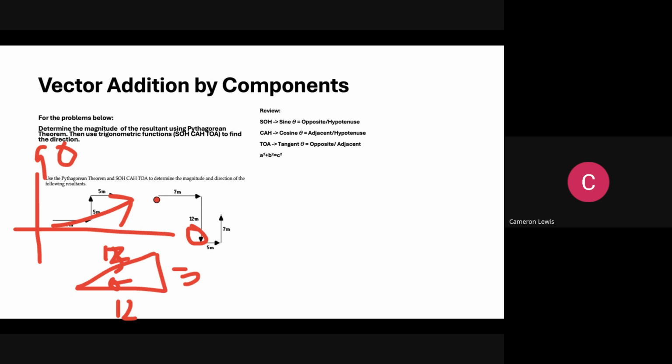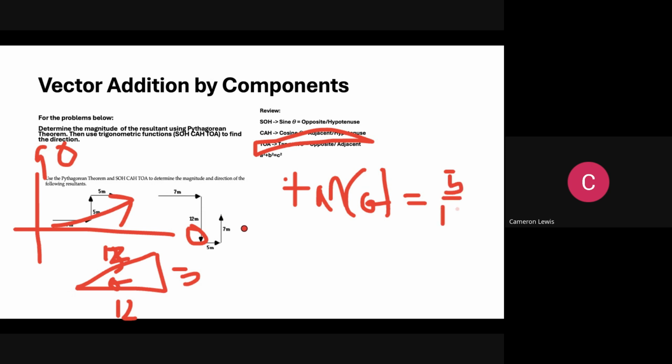So now let's use tangent again. I don't know my angle, but I do know my ratio of opposite over adjacent, which is 5 over 12. So now I'm going to do tan inverse. I'm going to be lazy. Tan inverse of 5 over 12, and that'll give you my angle.